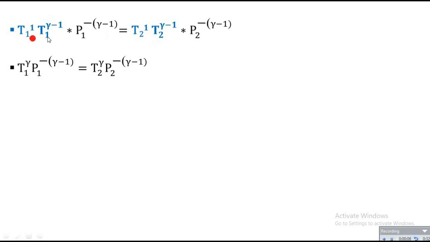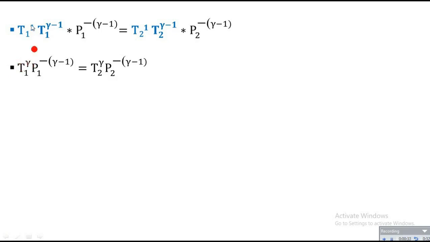It's like T1 power 1, T1 power gamma minus 1, P1 to the minus gamma minus 1, equal to T2 power 1. If you have T1 terms with powers, it's like adding them. So that means 1 plus gamma minus 1. The 1s cancel, and then you get T1 power gamma.